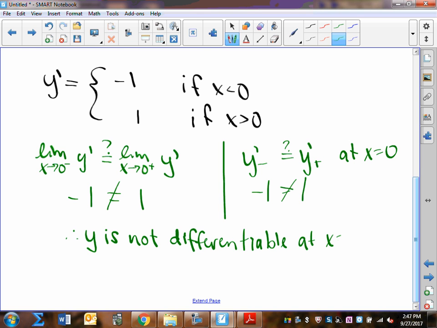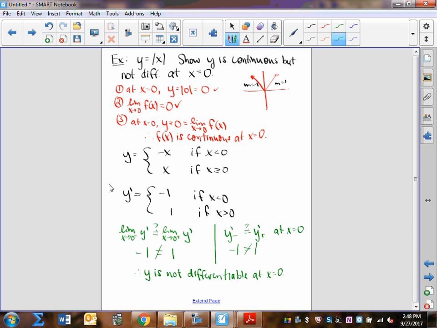Therefore, y is not differentiable at x equals 0. Was that a lot of work? Yeah. Not too bad, though. We're just repeating, showing the continuity. We take a look at the piecewise, and then we take a look at our differentiability. Again, left-hand slope, right-hand slope.